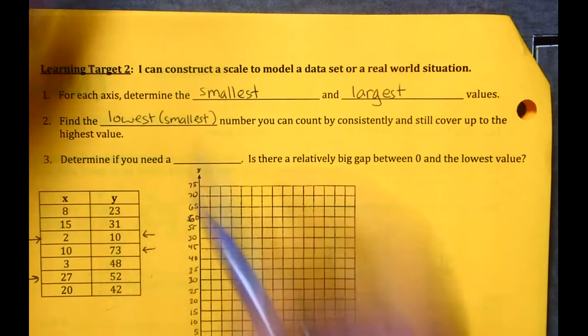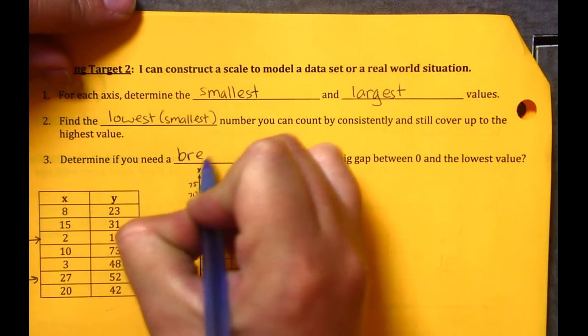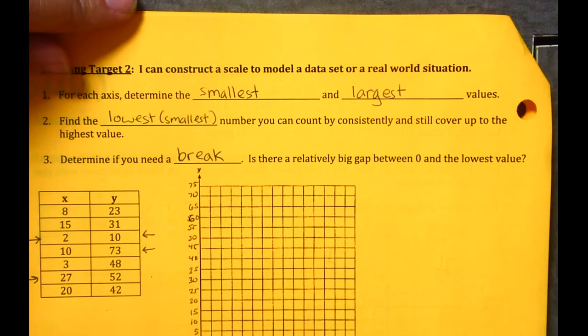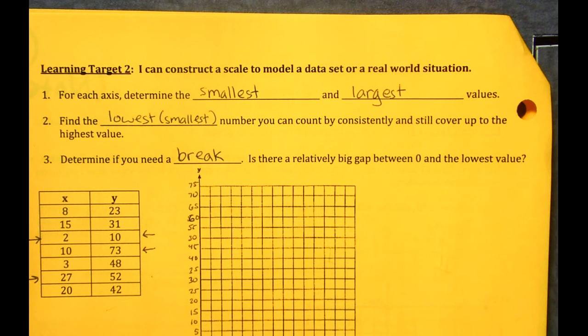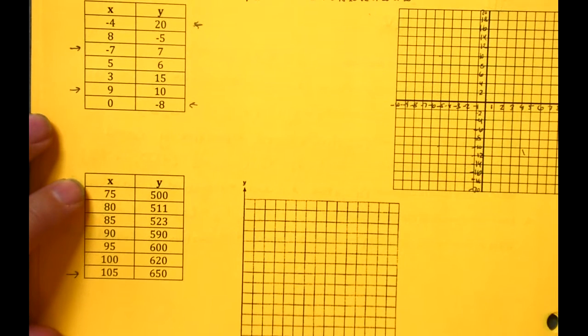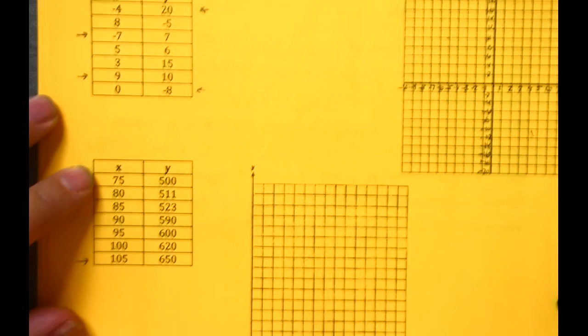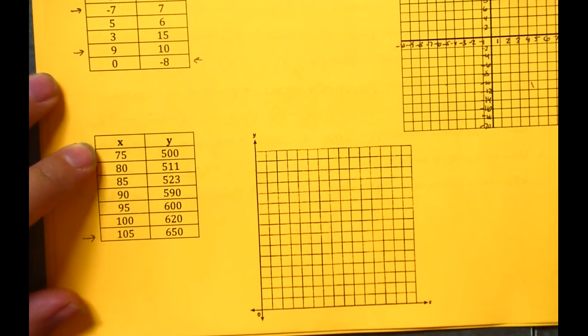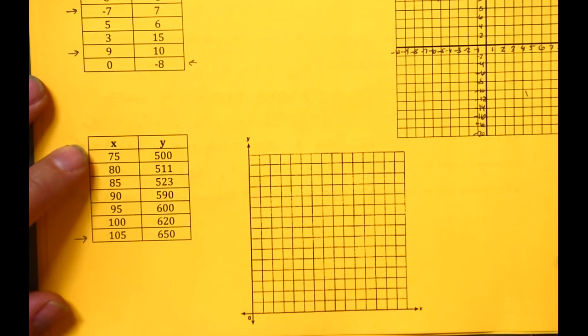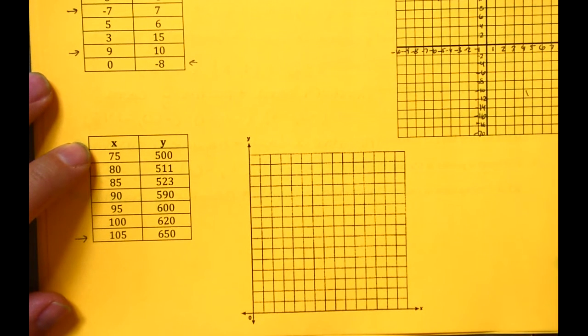It says determine if you need a break. Is there a relatively big gap between 0 and the lowest value? If the answer to that question is yes, then you need a break. Here, there's a pretty big gap between 0 and 75, and then it just starts counting by 5. So you have to jump a bunch to get to 75, but then it counts pretty closely together.